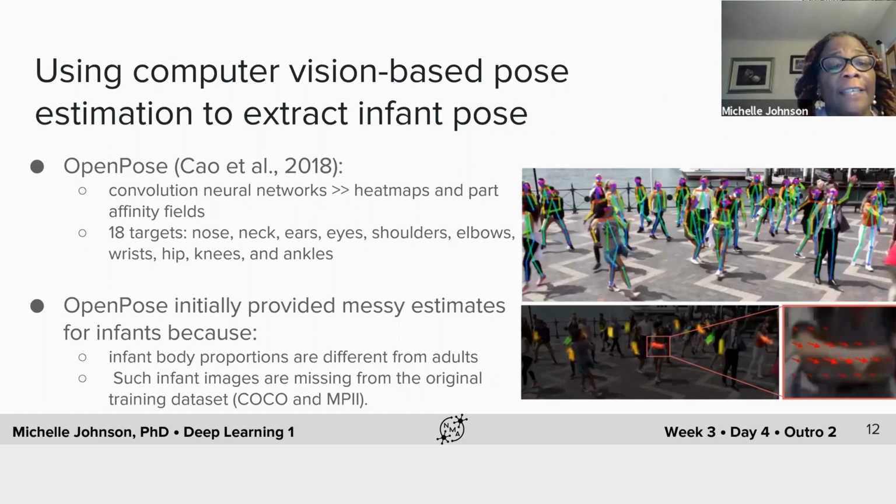So the first thing is we used computer vision based pose estimation to extract the infant pose from the video. The algorithm of choice was the OpenPose algorithm that was developed by Carnegie Mellon.